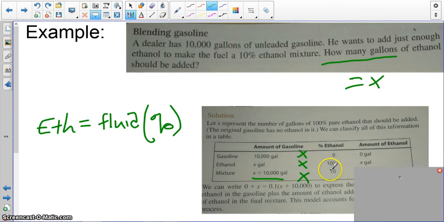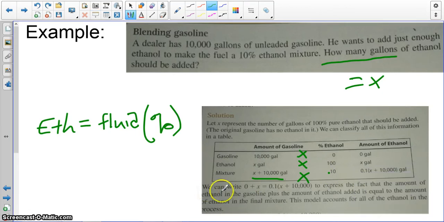And then 10% times this business for the amount of ethanol in the mixture gives you that. The last idea is that the amount of ethanol in the things you put together should be the amount of ethanol after all is said and done.